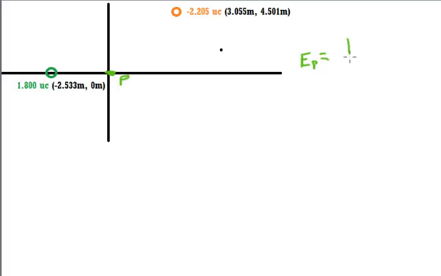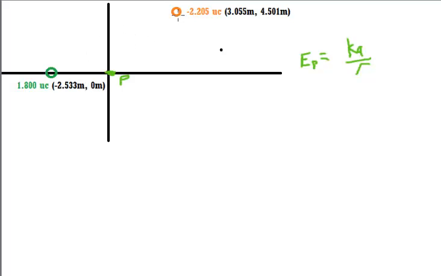So we know that electric potential is equal to KQ over R, how far away you are from a point. The first thing I did here was to figure out how far this one is from P, 2.533 meters. However, for this one you've got to use some basic trigonometry.